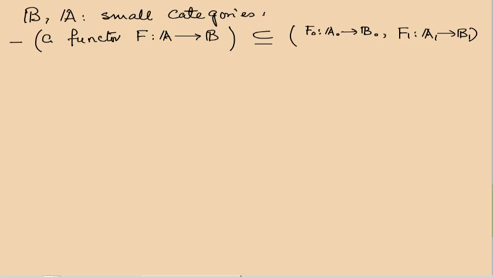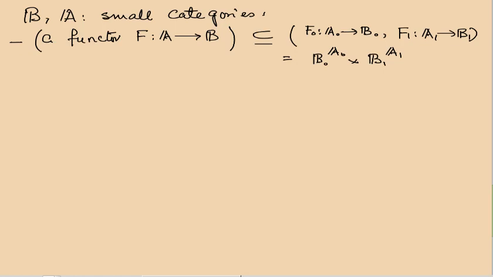You give me a function from A0 to B0, and a function from A1 to B1. Not every such pair will give me a functor, but some of them will, because there are more equations.